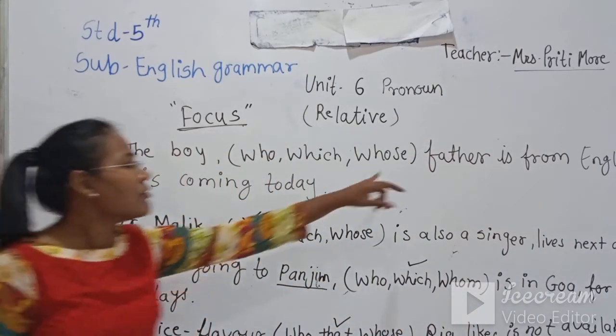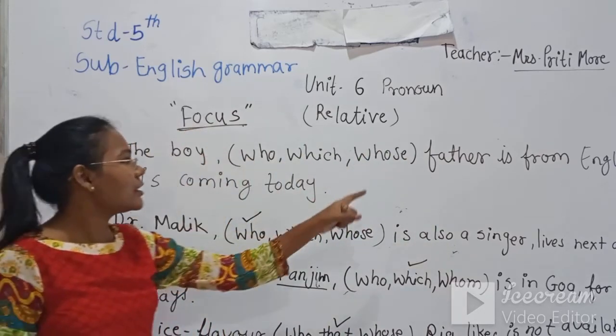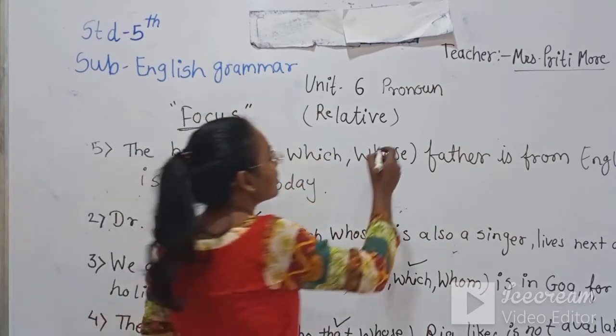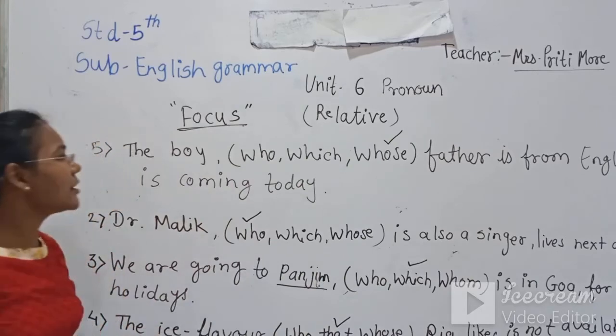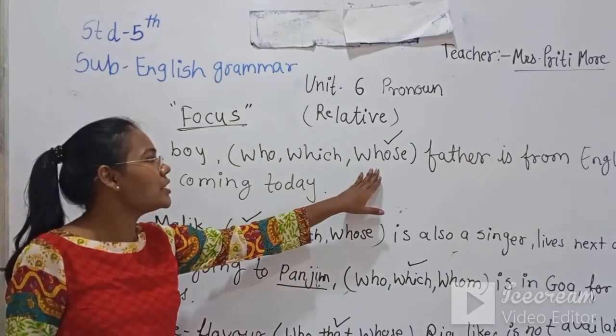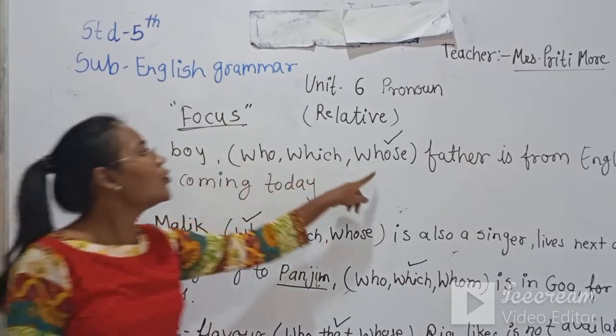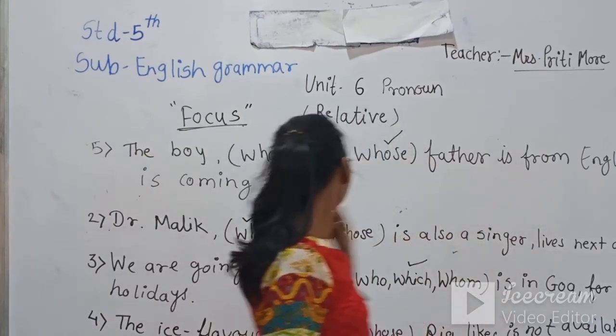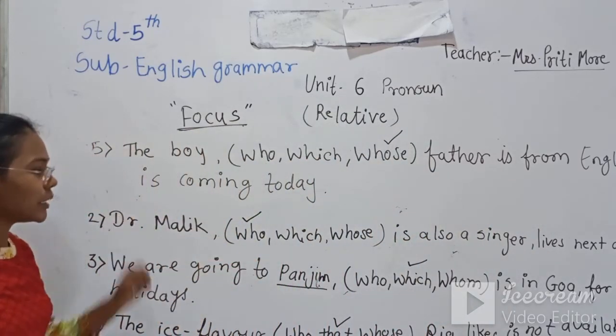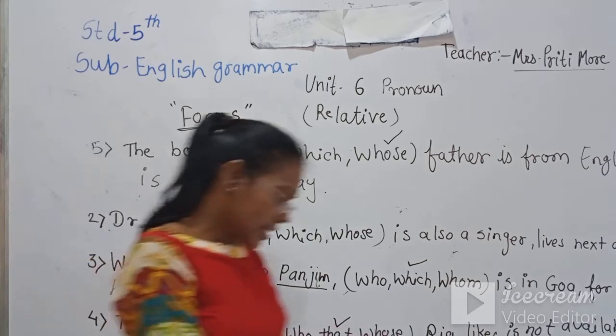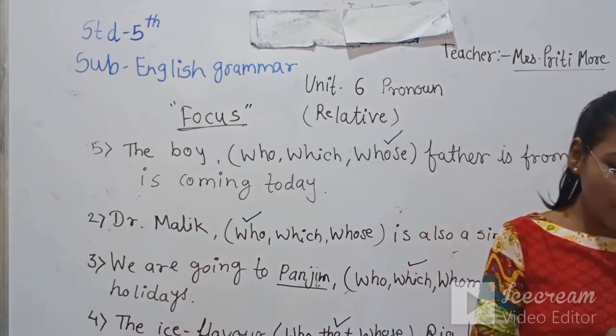That means the boy's father. That means whose father? The correct relative pronoun is whose. The boy whose father is from England is coming today. Please note down this sentence also in your notebook.